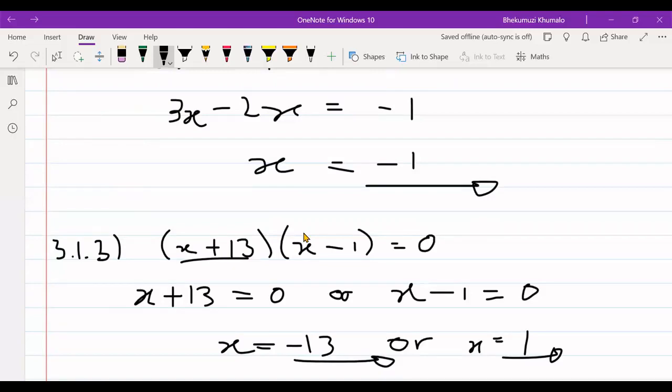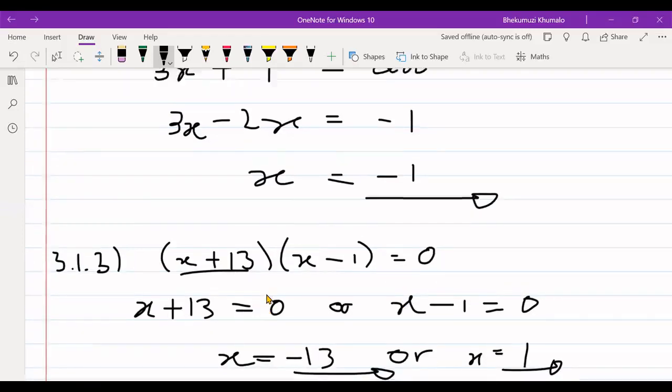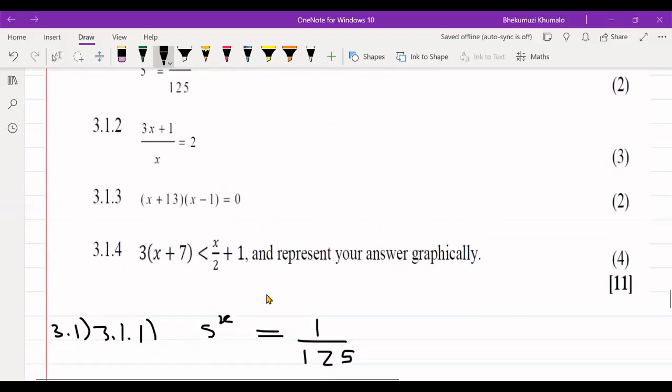So if you find brackets like this, x plus 13 in the bracket times x minus 1, the only way that can be equal to 0 is if either one of the two brackets is equal to 0. That's why we say x plus 13 is equal to 0 and x minus 1 is equal to 0. Okay, so hopefully I explained that very well.